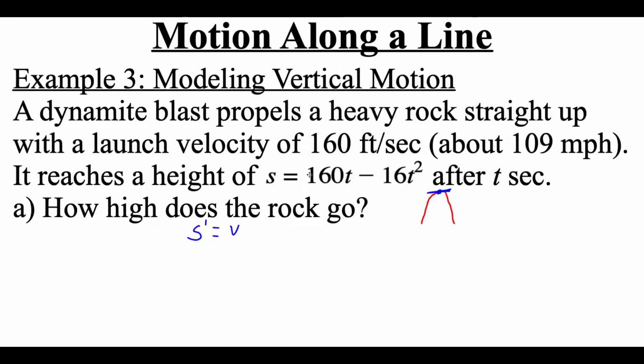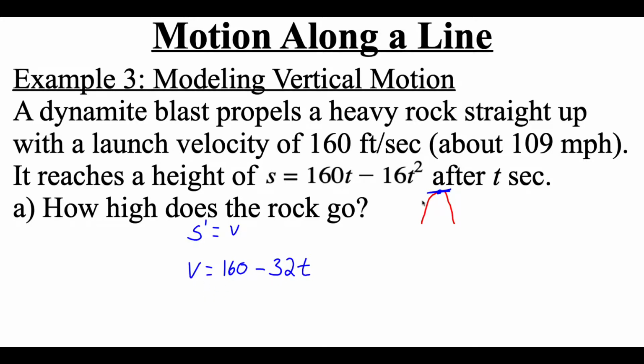So if we differentiate this s function, the 160t just turns into 160, minus on the back end, if we use the power rule, drop the 2 down as a multiplier, so that turns into 32, subtract 1 from the power, so that just becomes t. So the velocity function is 160 minus 32t.